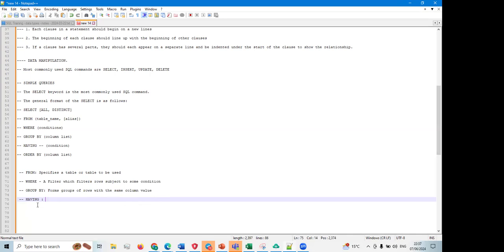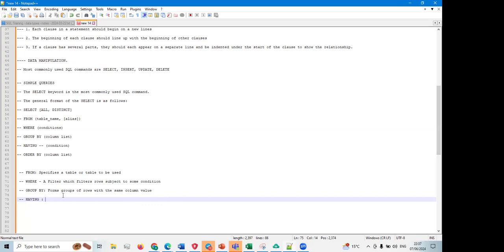It filters the groups subject to some condition. So the difference is where filters rows, having filters groups.